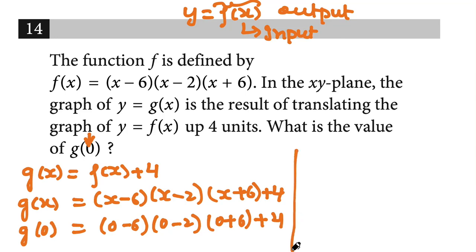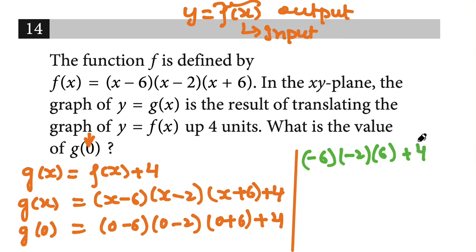Okay, now we have to do calculations. Time for some algebra skills. 0 minus 6 is minus 6, 0 minus 2 is minus 2, 0 plus 6 is 6, and then plus 4. Now we have PEMDAS: first multiplication and then addition.